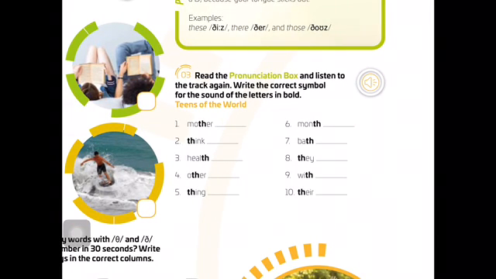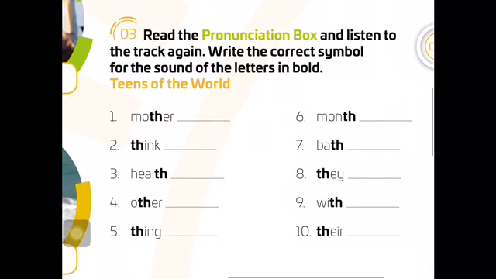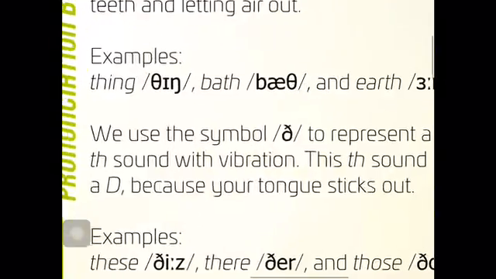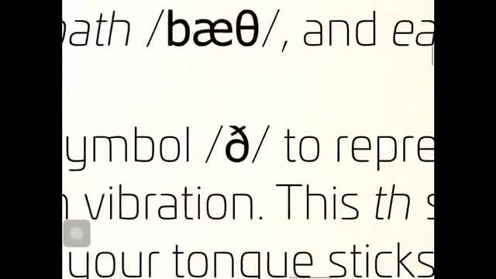Read the pronunciation box and listen to the track again, "Things of the World." Write the correct symbol for the sound of the letters in bold. So, for the first one, mother, do you use this symbol or this symbol in mother?